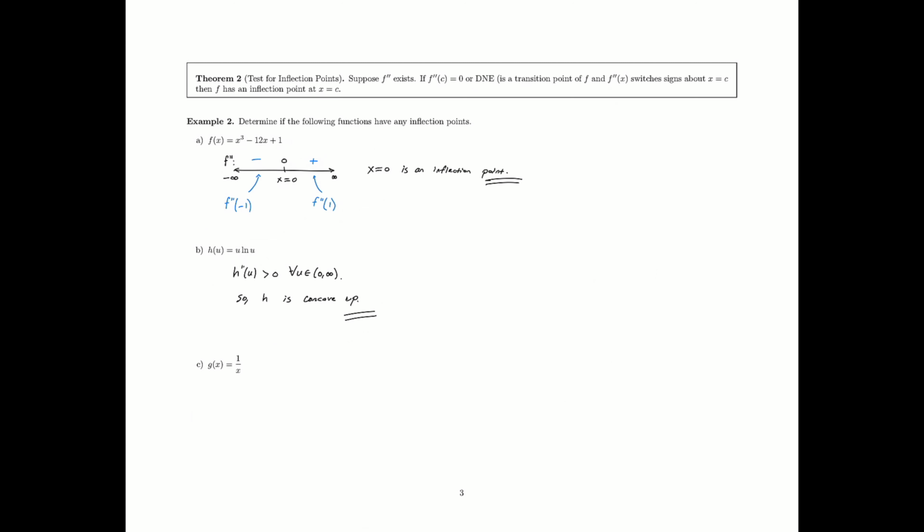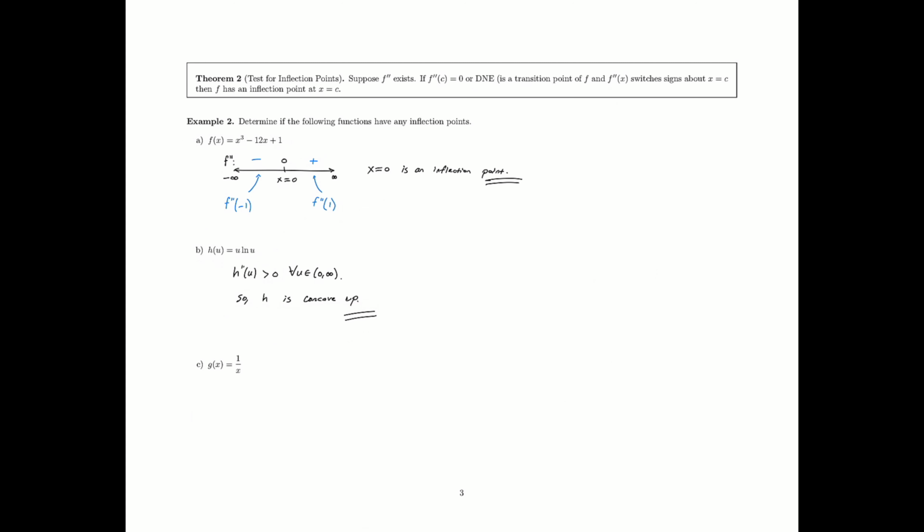Down here, for part B, we had this function h, where we determined the second derivative is always positive over the domain of the function. So if it's always positive, that means it never switches to negative, which means it's never concave down. It's always concave up. So if something's always concave up, and the definition of an inflection point is that you switch concavity, that means there can't be an inflection point.